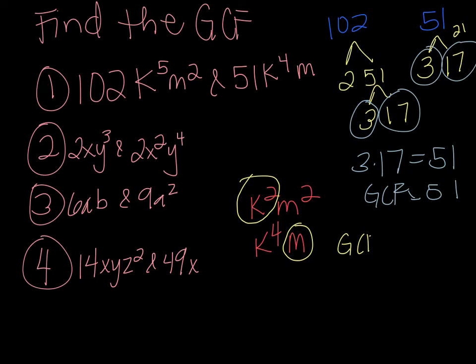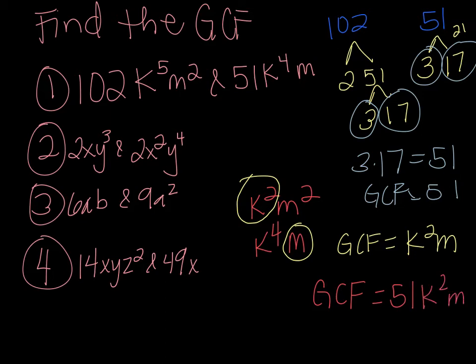So my GCF of my variables is equal to k squared m. Altogether, I have a GCF of 51 k squared m. Try the next 3 examples on your own, and we'll go over them together.